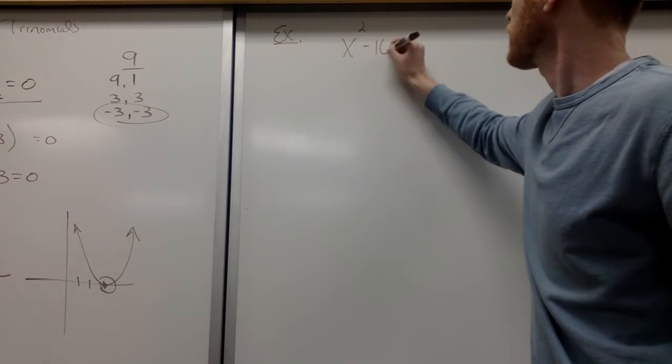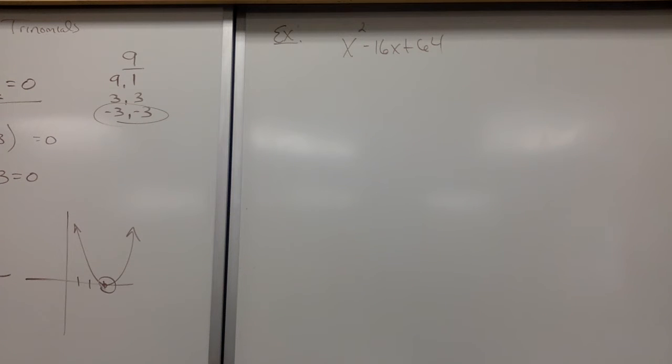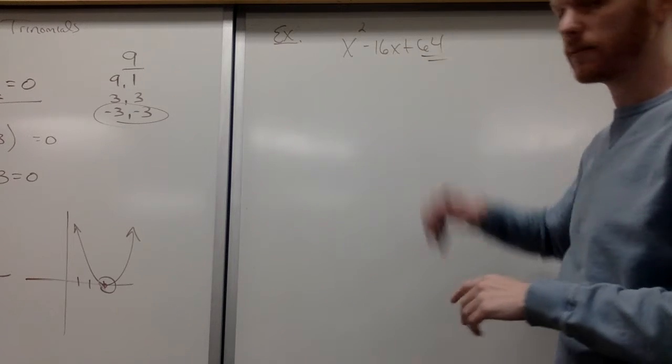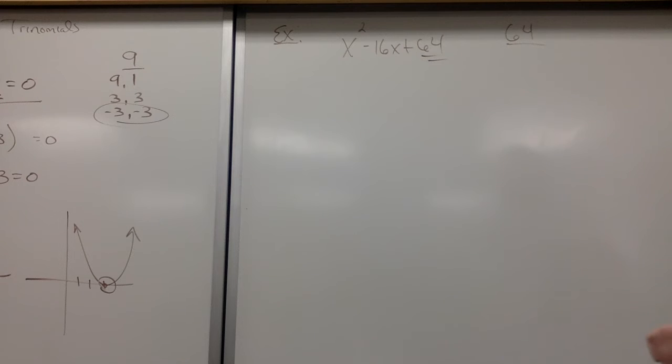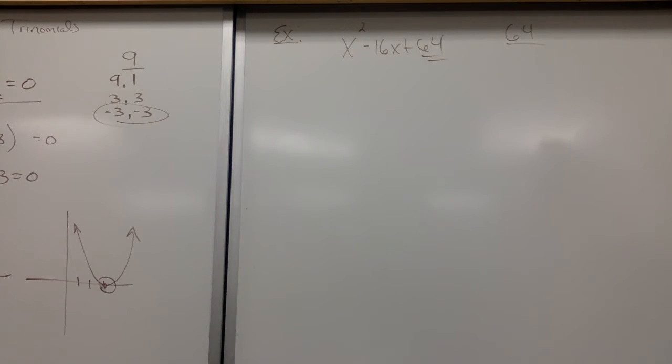So x squared minus 16x plus 64. All right. Now the trick, like I said, is looking at this C value. So what are factors of 64 that when I add them together, I get the middle value, negative 16?